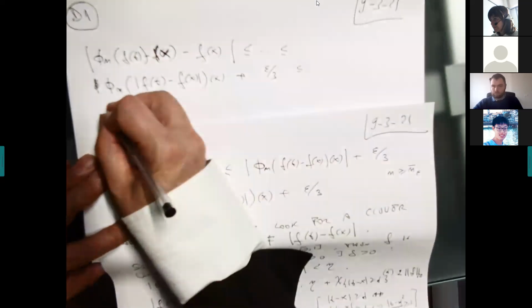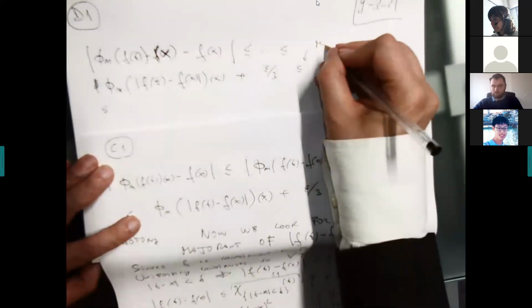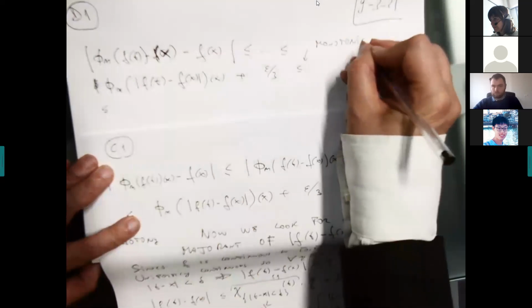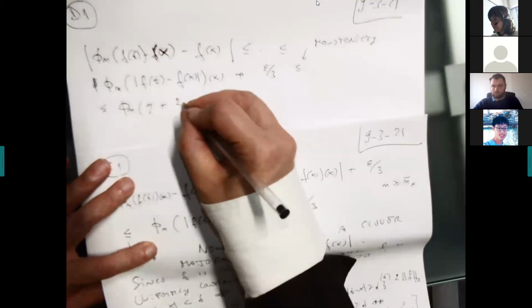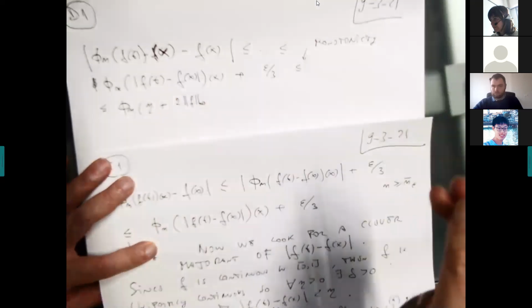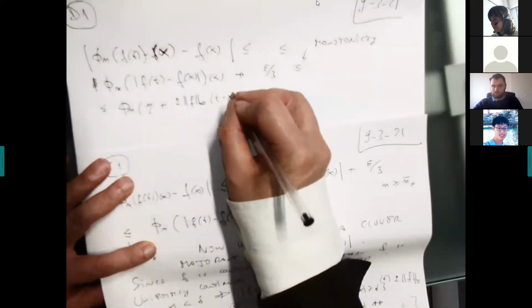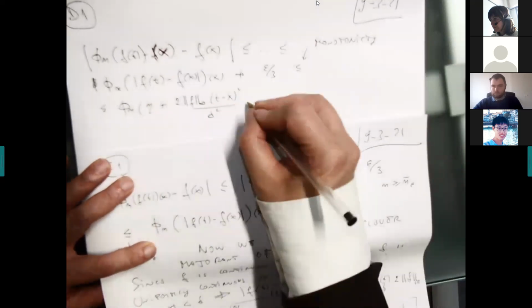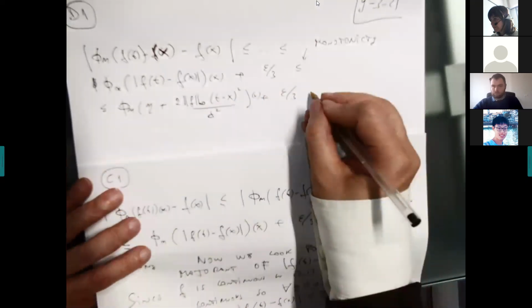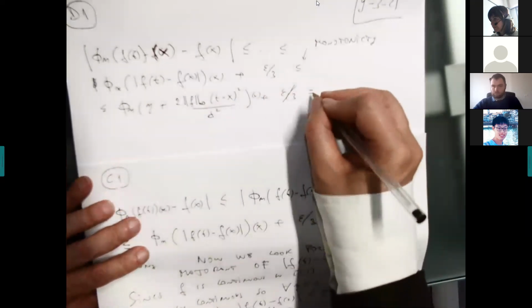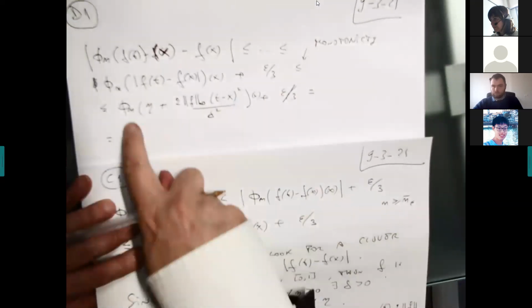And this is bounded by monotonicity by phi n of epsilon, which can be chosen small as we want, plus 2 infinity norm of f, |t minus x| to the power 2 divided by delta square, plus epsilon divided by 3 in x. Now we stop majorizing and we make computation.